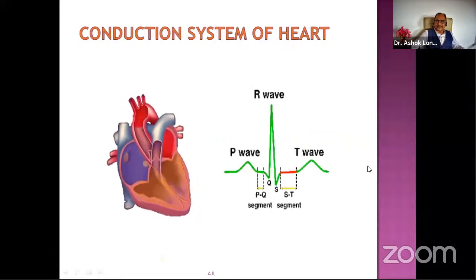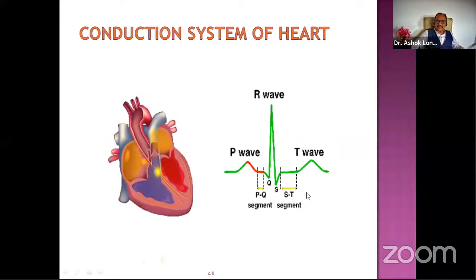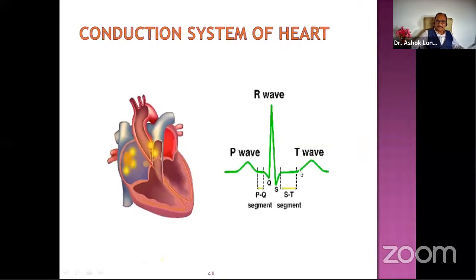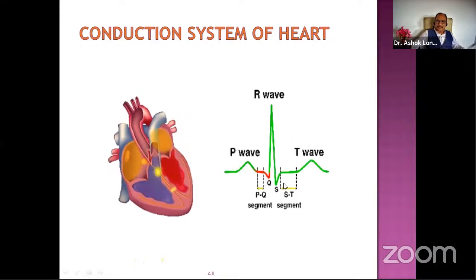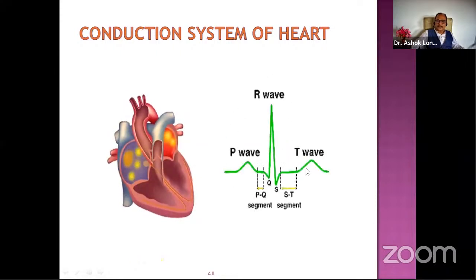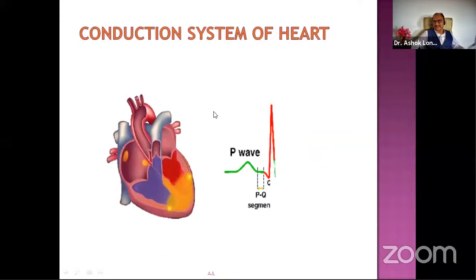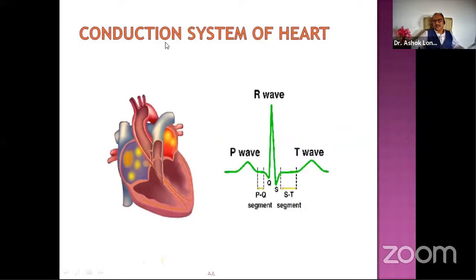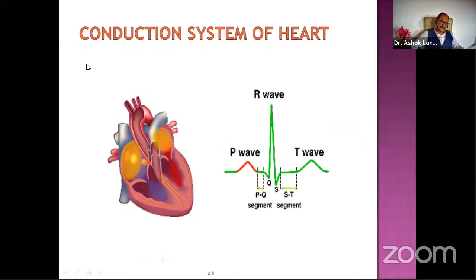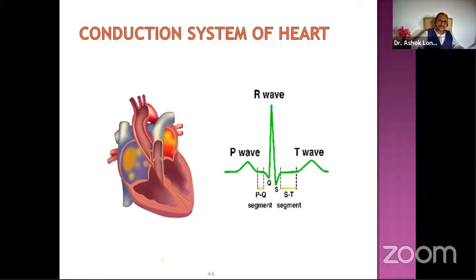So the T wave indicates the relaxation of the ventricles, and this shows the contraction. So contraction and relaxation. Okay, I think it is enough, because we can discuss this physiology in detail later.